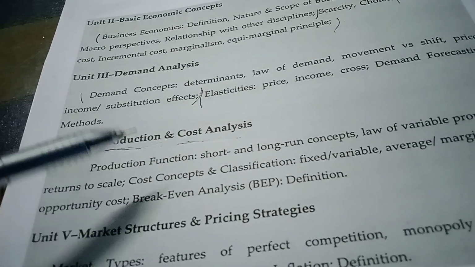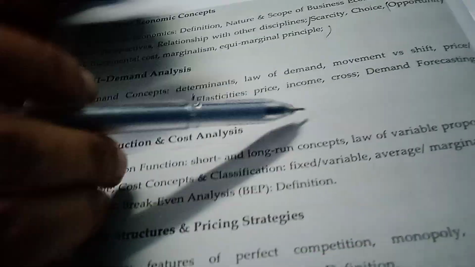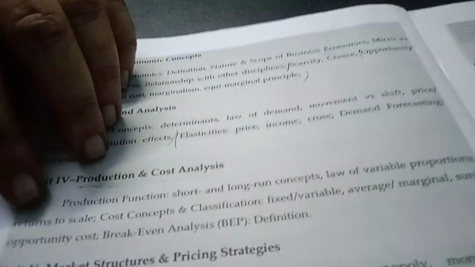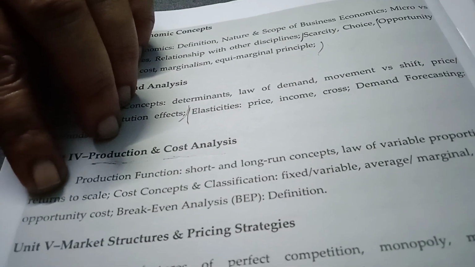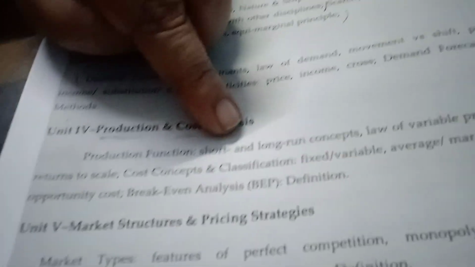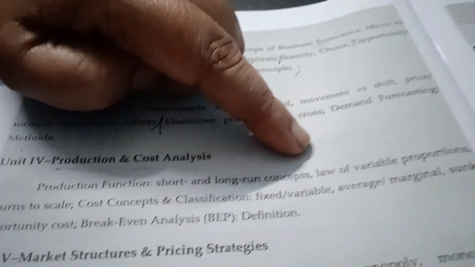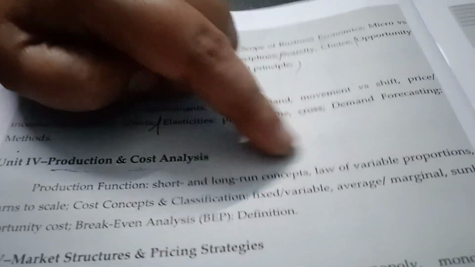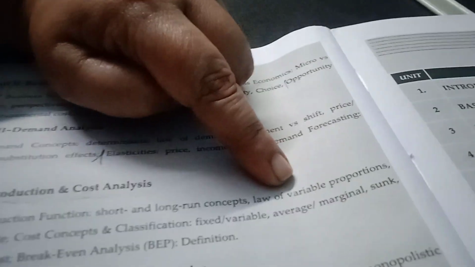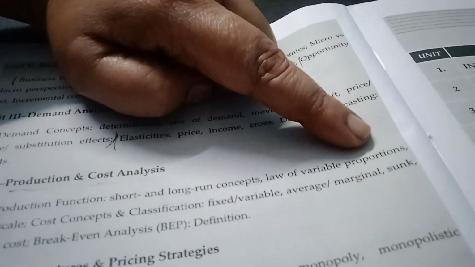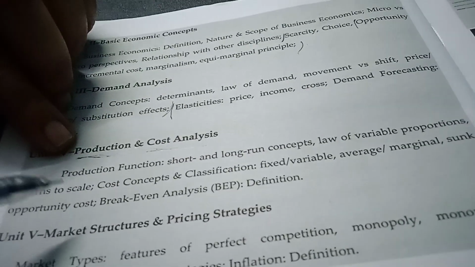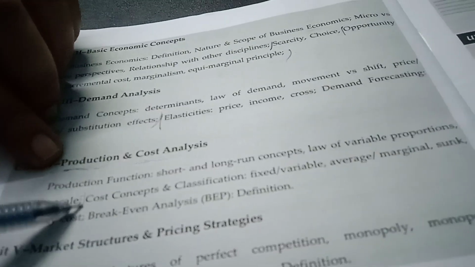From production the most expected questions are law of variable proportion, law of returns to scale, and the third, a simple one, production function with short run and long run concepts. If you are going with chapter 1, cover the two most important topics, law of variable proportion as well as law of returns to scale. With this we complete the first half.